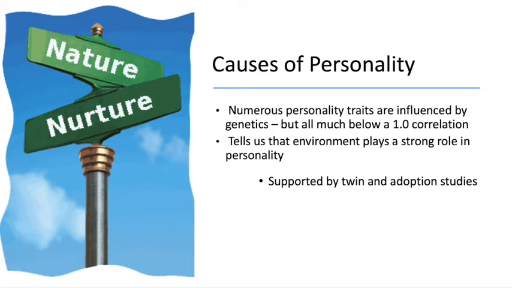So this gives us an indication that our environment, or nurture, if you will, is also partly responsible for shaping our personality. So both genes, nature, and environment, nurture, work together, each contributing to our personality as we develop.